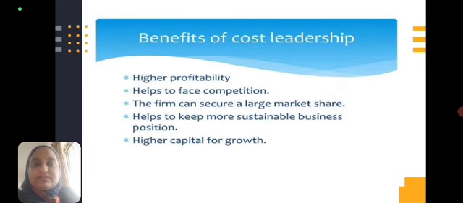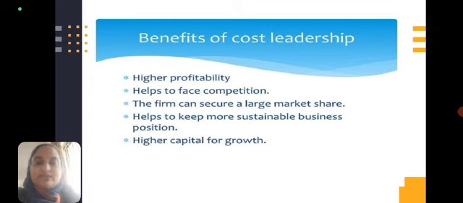Benefits of cost leadership: higher profitability. When the cost goes down for the manufacturing of your product and you are selling the product at the same price, it is going to give you a wide range of profit. Then it helps to face competition, because your product's cost is going to be lower than your competitor's. The firm can secure a large market share.